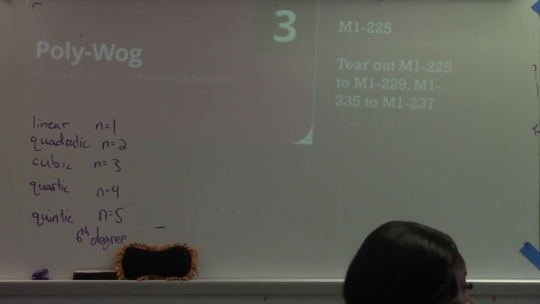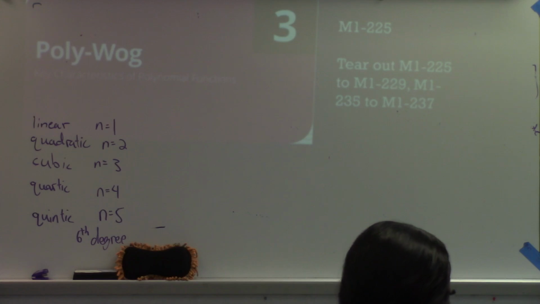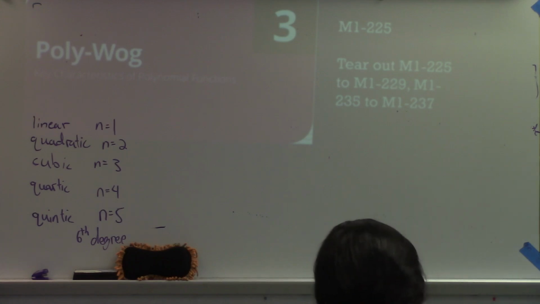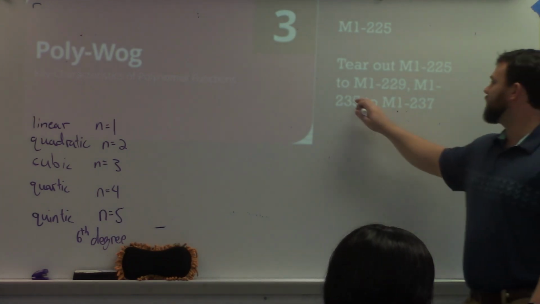By the way, hold up. Guys, that's 225 to 229. So everything from 225 to 229. And then everything from 235 to 237. Which is really not that much. Your evidence of understanding for sure. Hold on a second. Oh, I also need, sorry, I misdid that. 234 to 237 is what you need.